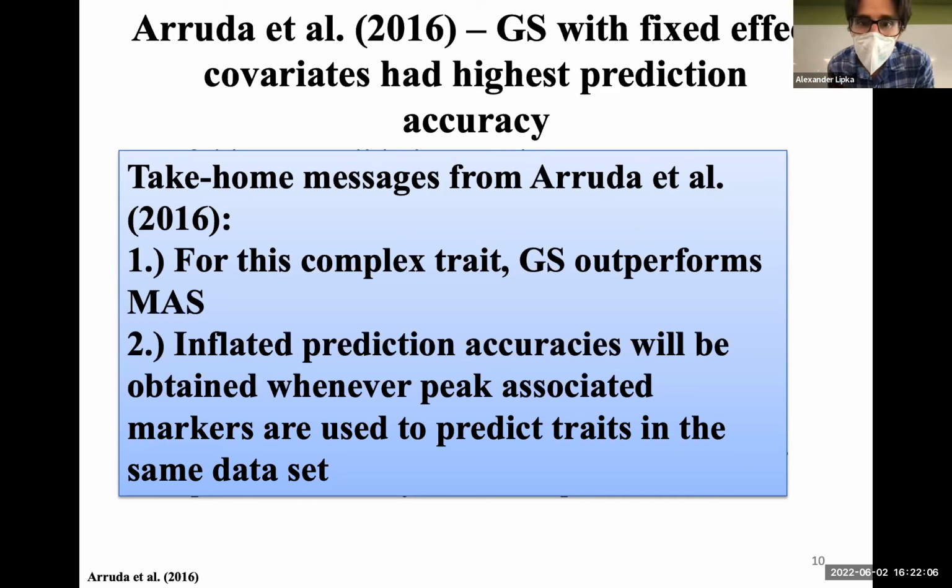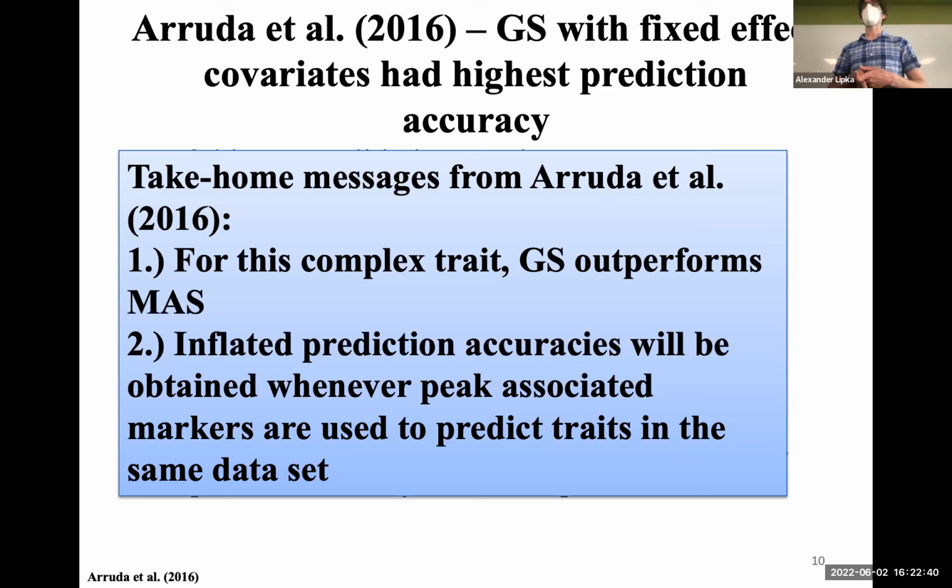So is it not advised to use GWAS peak markers for prediction? I would say it's not advised to use peak GWAS markers for prediction in the same data set you conducted the GWAS in. I suggest doing it on an independent set of germplasm that was not used to conduct the GWAS. Do I agree with that? Yeah, that's my working answer. I'm going to stick to it.